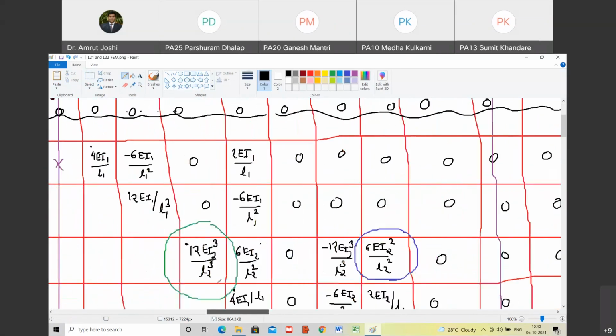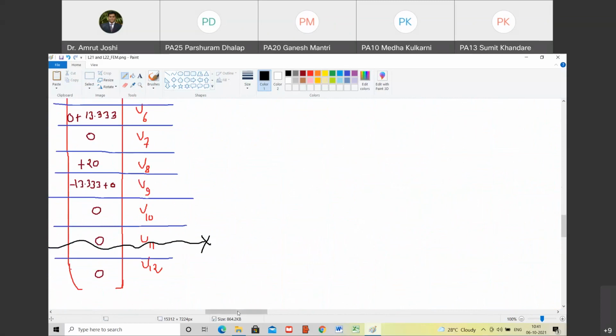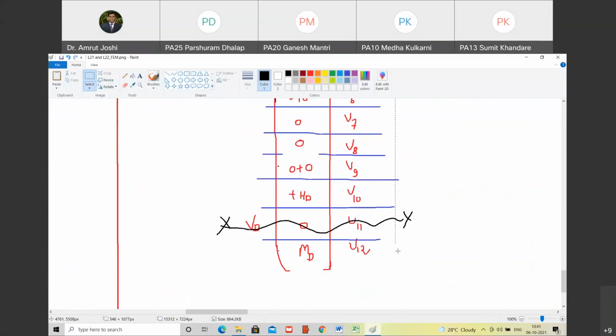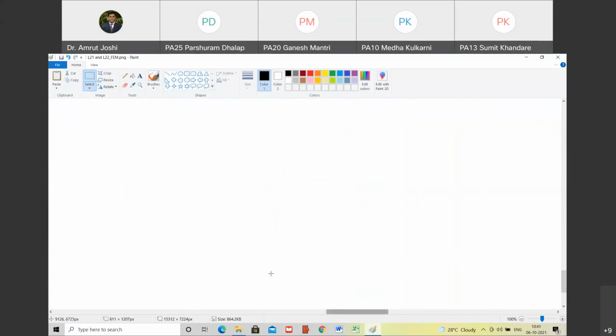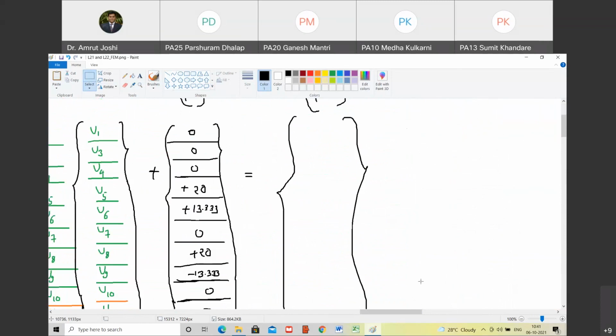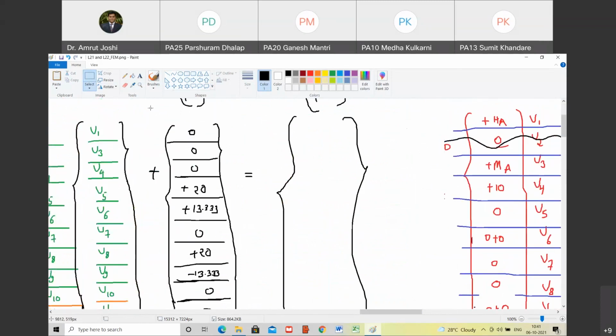Yes, sir. Can I borrow the FN matrix from here? Nodal force matrix. So if that is borrowed, I have to understand that I am going to neglect two terms there. Let me copy it here.